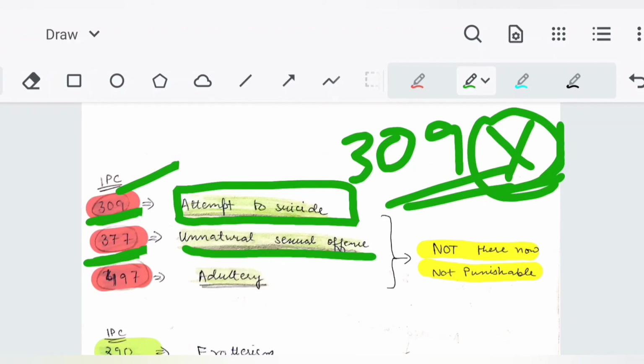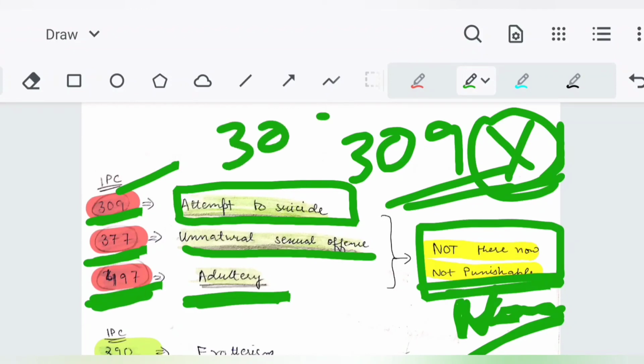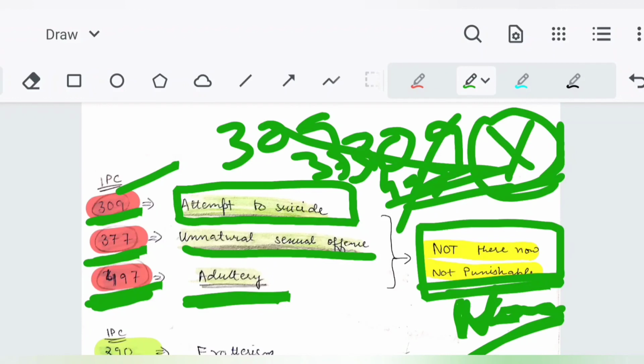Now it's punishable only if it's non-consensual, but if it's consensual it's not punishable now. Okay. And another is 497, which dealt with adultery, so that also has been removed. 309, 377 and 497, these three have been removed now.